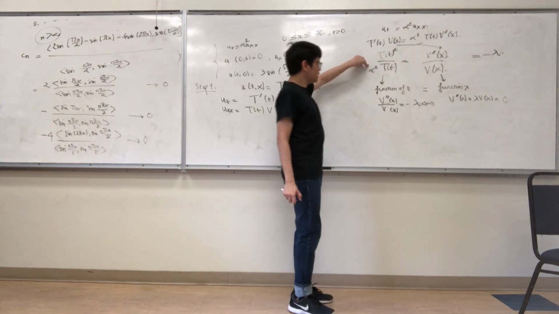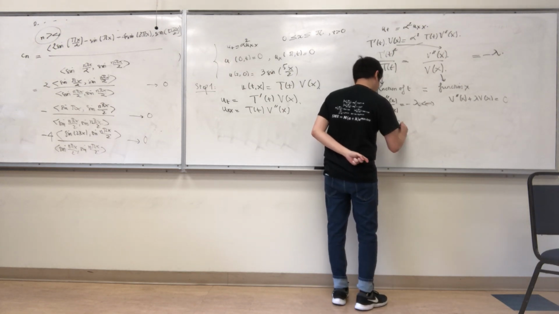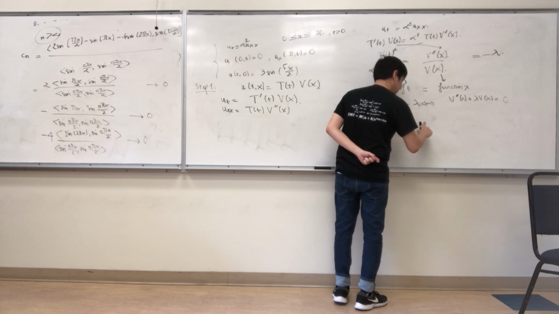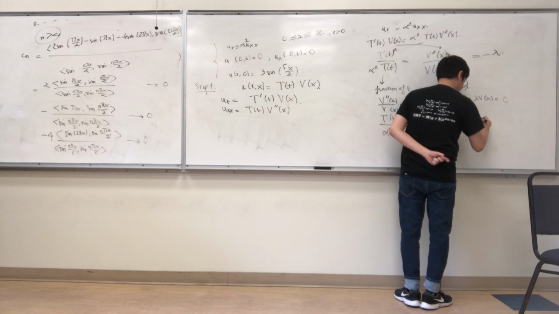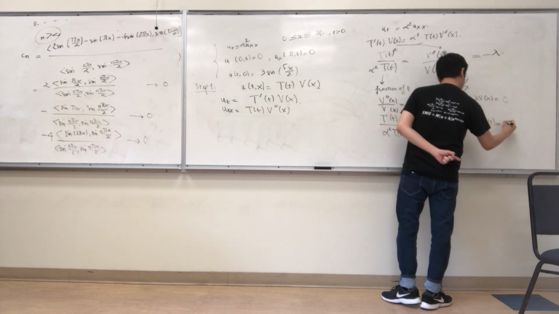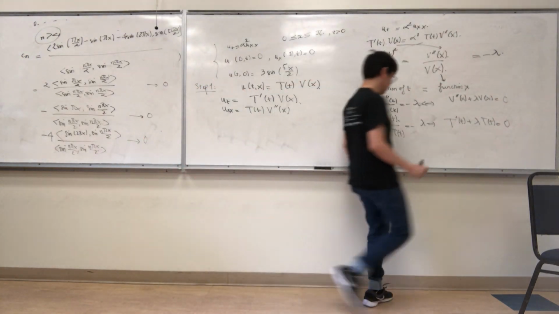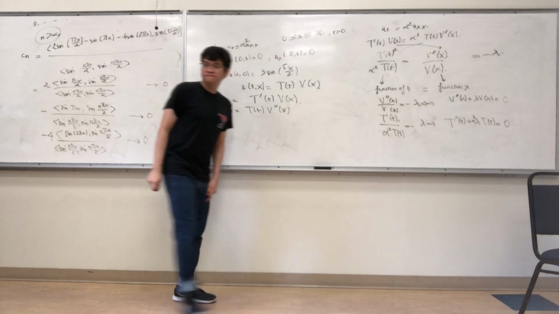The second equation is T'(t) over alpha squared T(t) = minus lambda, which means that T'(t) + alpha squared lambda T = 0.